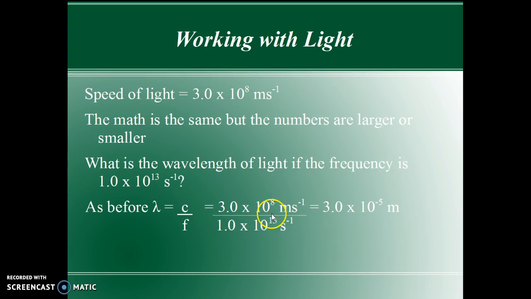So 3.0 times 10 to the 8th meters per second divided by 1.0 times 10 to the 13th reciprocal seconds. Reciprocal seconds cancels, and we're left with 3.0 times 10 to the negative 5 meters. Remember, we subtract the 13 from the 8 because we're dividing numbers with exponents.